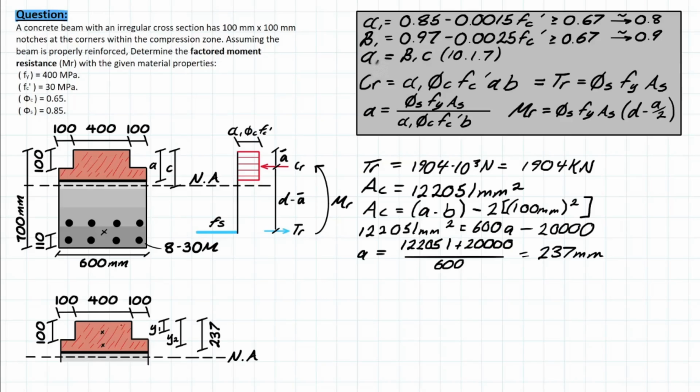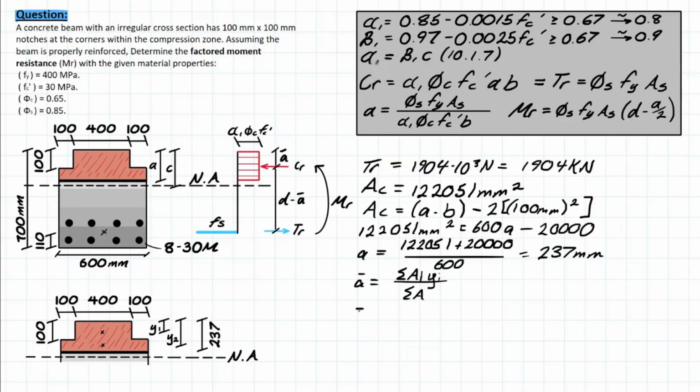Now let's go ahead and solve for the centroid of this irregular shape for the compression block. That's based on formulas that we've used previously, right? The centroid for any composite is equivalent to each section's area times the distance away from the global axis, or the reference axis that you're solving with, over the total area of the entire composite.